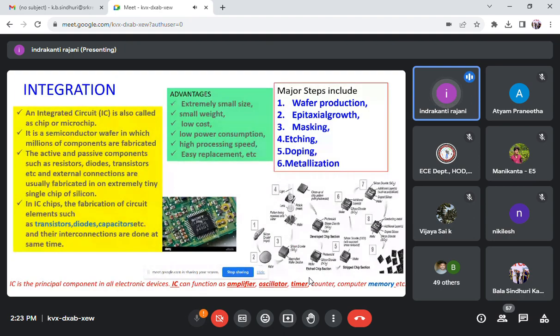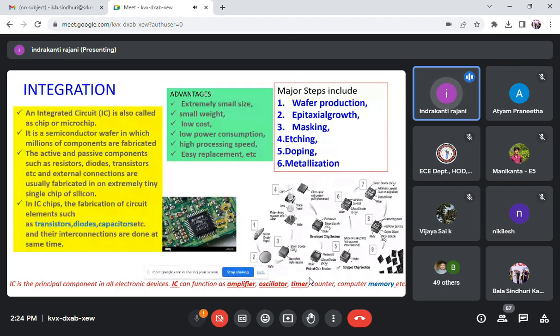Then you have to grow, and using chemical reactions, clean it and purify it, to avoid any kind of defects, dust, or pollution. We have to go for masking, and then we have to dope them, so that it acts as a platform and supports the conductivity.